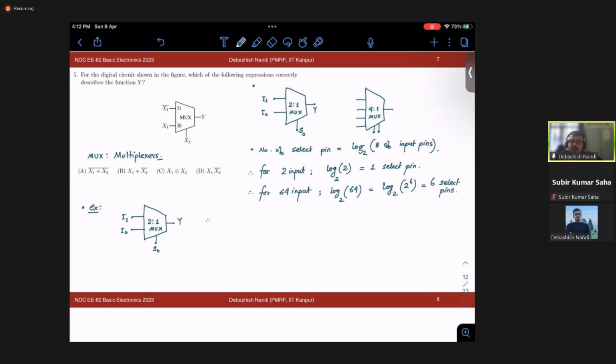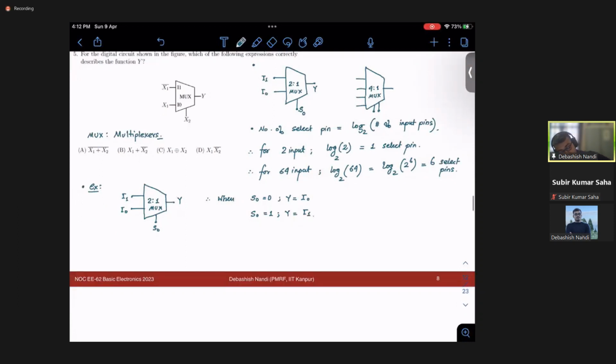So how will it work? When S0 equals 0, your Y will be whatever is given to the I0 input, right? And whenever S0 equals 1, your Y will be I1. Okay. So how to write the relation? You simply make a truth table out of it.